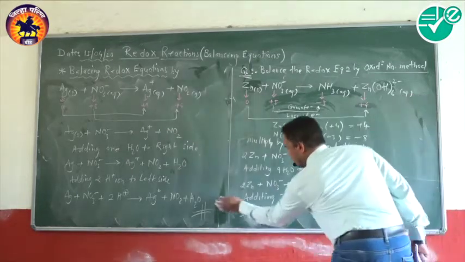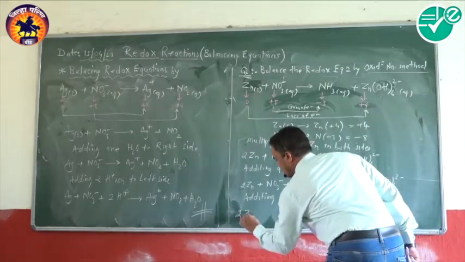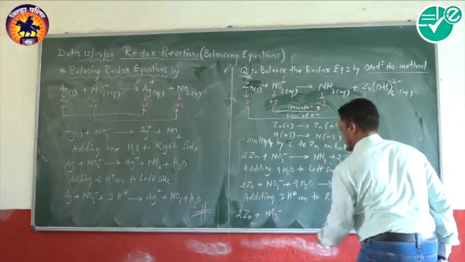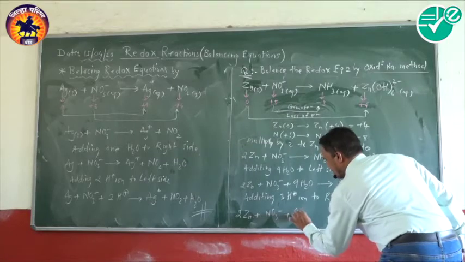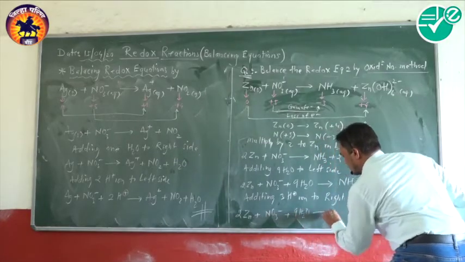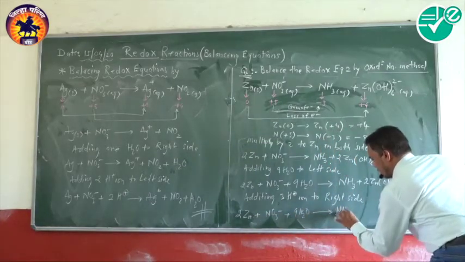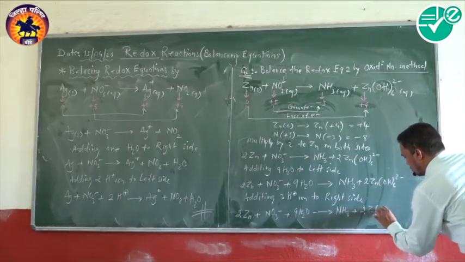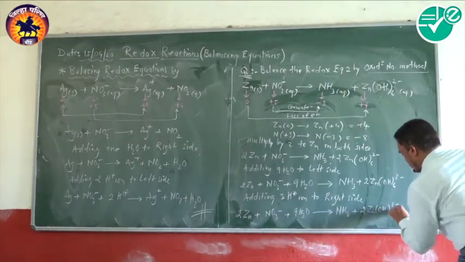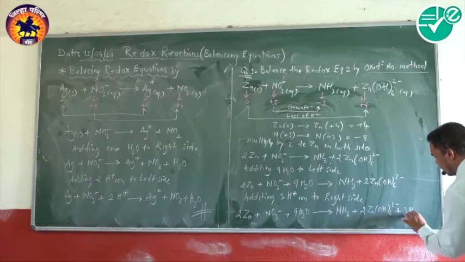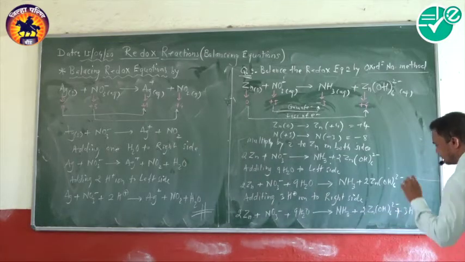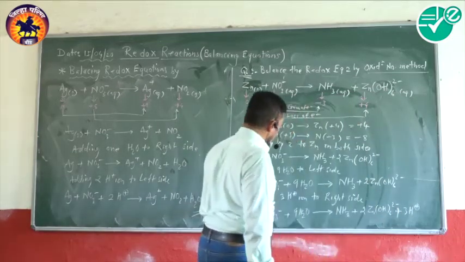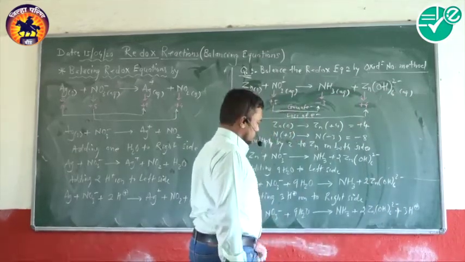So what we'll get? We get the equation as zinc plus NO3 minus plus 9H2O is equal to NH3 plus Zn(OH)6 2 minus plus 3H plus ion. So this is the balancing of the oxygen as well as hydrogen atoms.